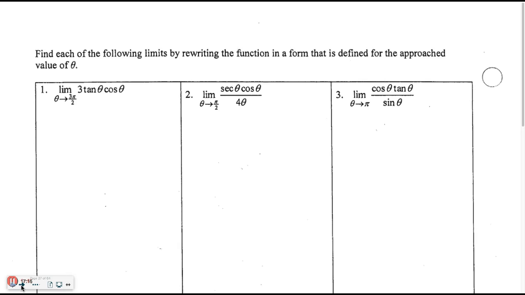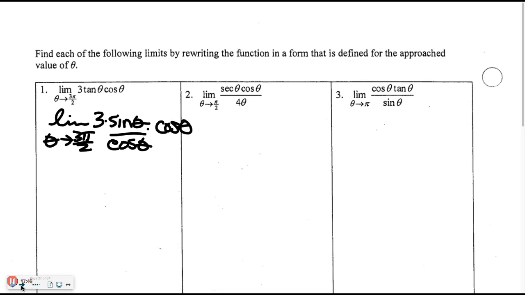When I plug in 3 pi halves, now notice, if I plug in 3 pi over 2, the issue is going to be that, let's rewrite it, limit as theta approaches 3 pi over 2 of 3 times sine theta over cosine theta times cosine theta.